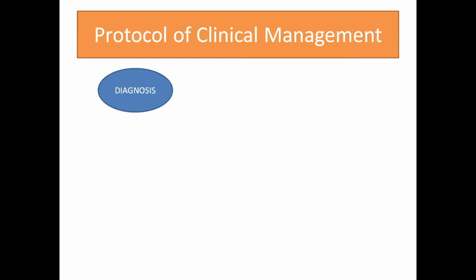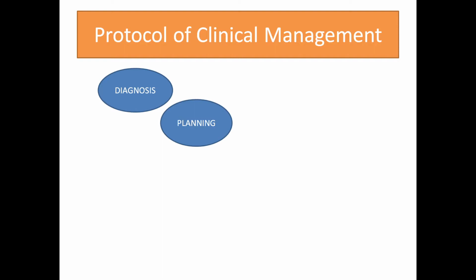The protocol of clinical management starts from diagnosis. You make the diagnosis by collecting the clinical data, investigations, your examination, history and all that. After making the diagnosis, you plan the treatment, and that planning is so important because there is a list of options available, and you have to select one. I suggest that the patient should be involved in selecting that particular option.